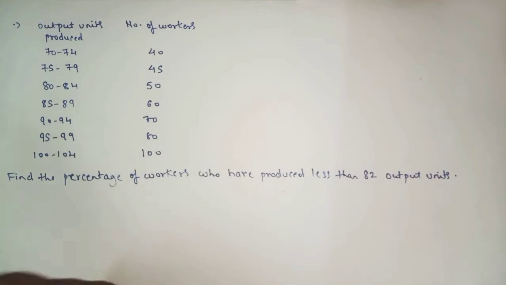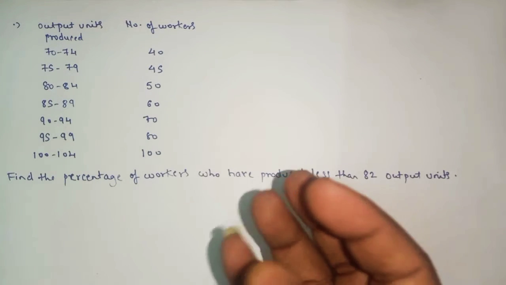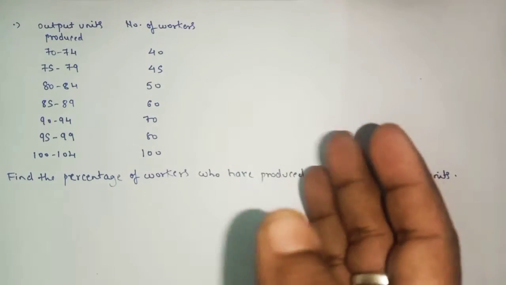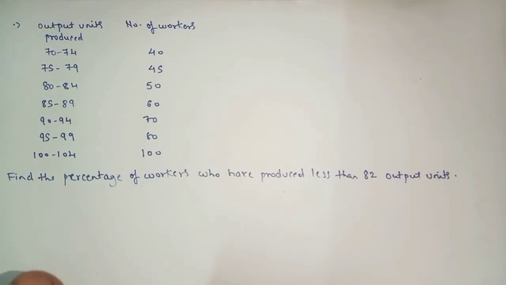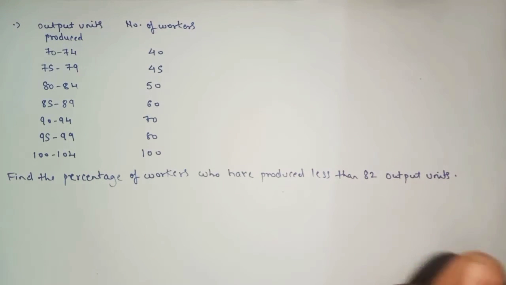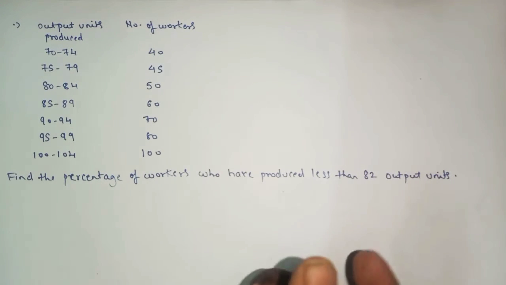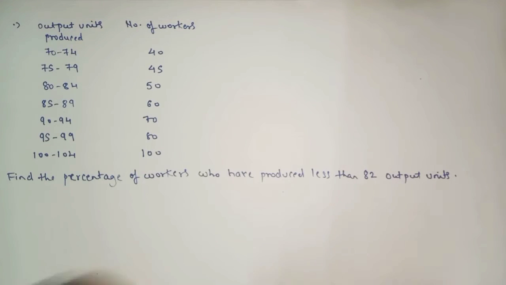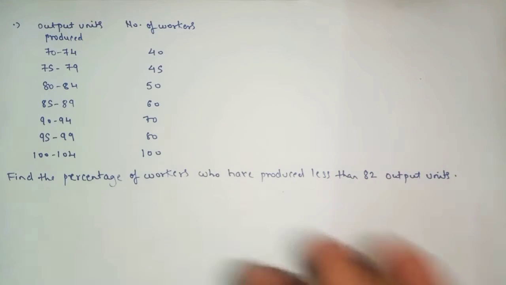So of course without making the class continuous we cannot find our quartiles, deciles or percentiles, yes or no? As I told in the first lecture, whenever you want to find quartiles, deciles or percentiles, the class has to be continuous.